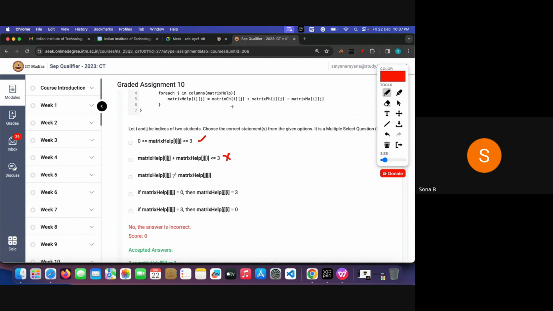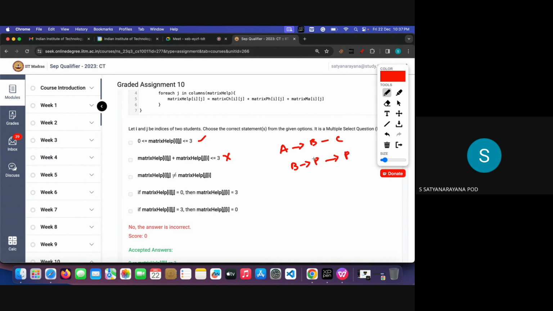For example, in chemistry, A is helping B. So in physics, B is helping A. Then, in chemistry, again, B cannot help A because A is already helping B. A is helping B in chemistry, B is helping A in physics.